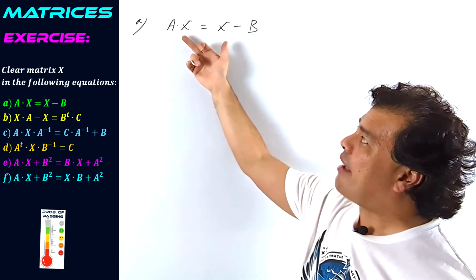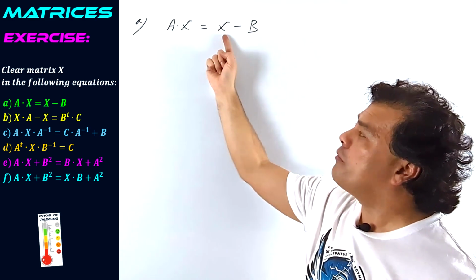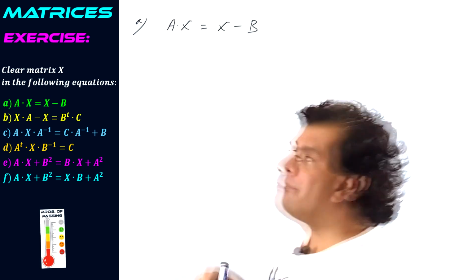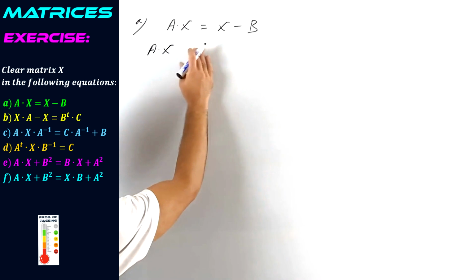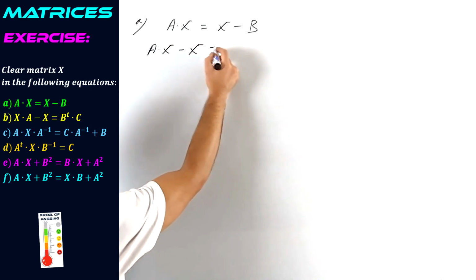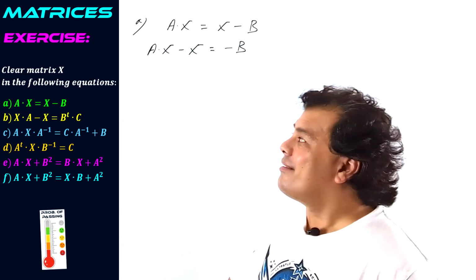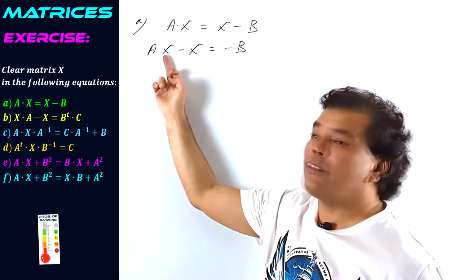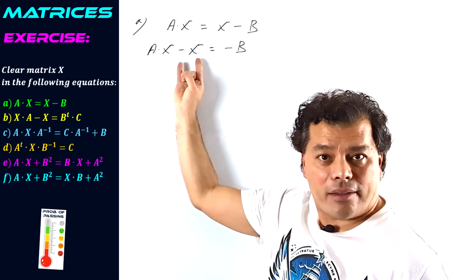We can see that variable x is in both sides, so why don't we move this term to the left in order to put them together? A times x minus x equals negative b. And thanks to matrix x being at the right side, we can take its common factor to the right.